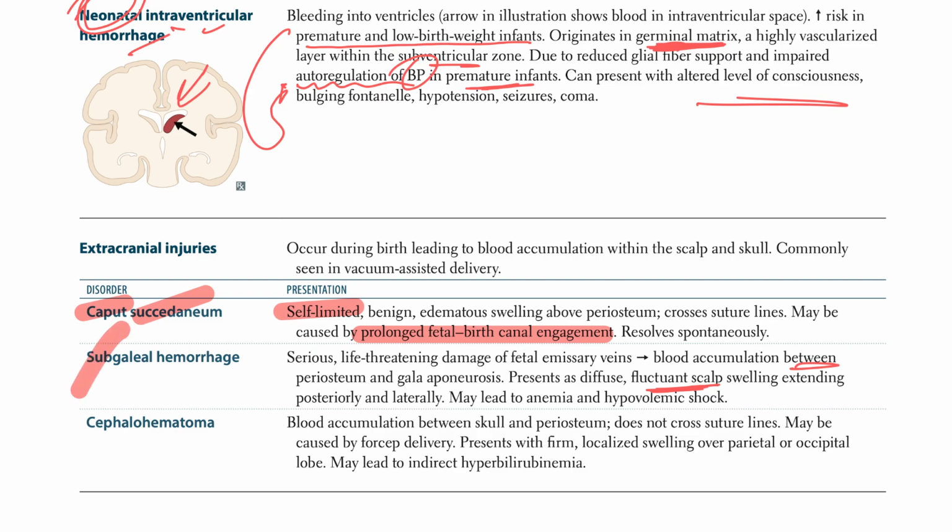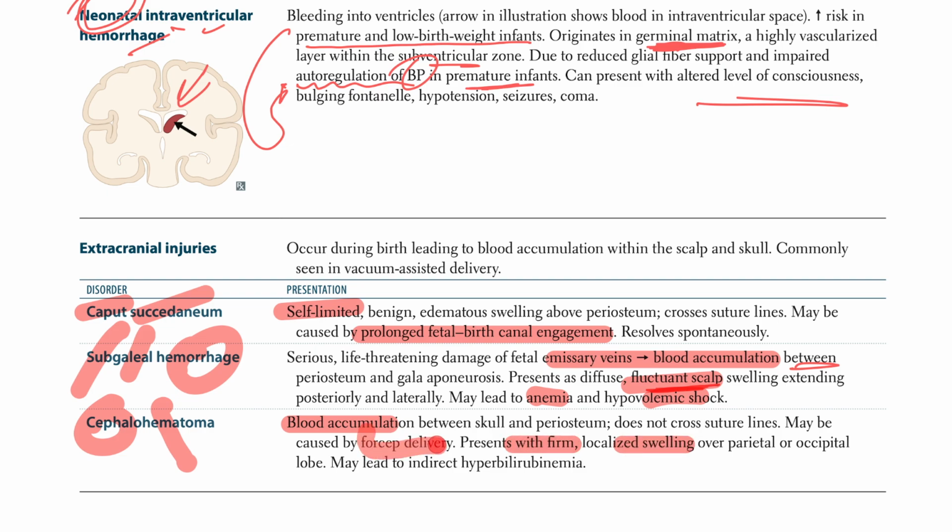Subgaleal hemorrhage is all about emissary veins being damaged, causing blood to accumulate enough to cause a fluctuant scalp with anemia and hypovolemic shock. Cephalohematoma is just a blood accumulation, which presents as firm, localized swelling in forceps delivery. It can increase the indirect bilirubin. That's all for this.